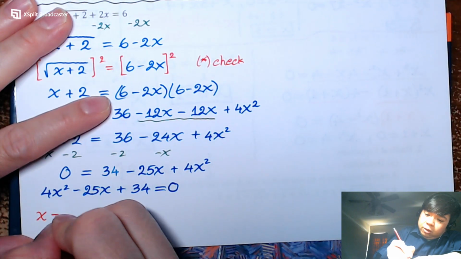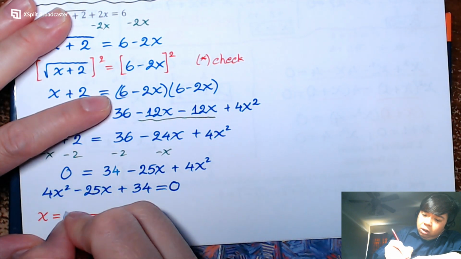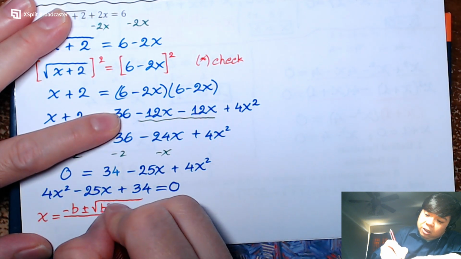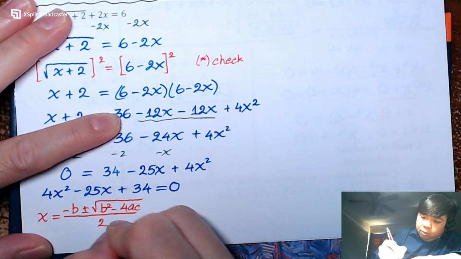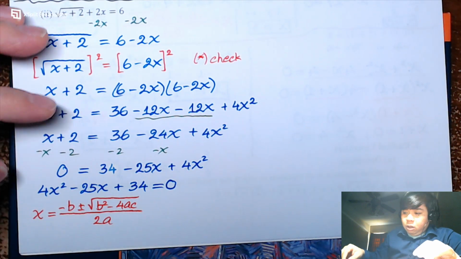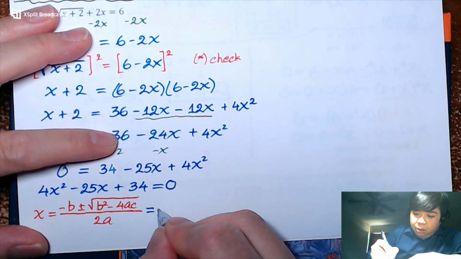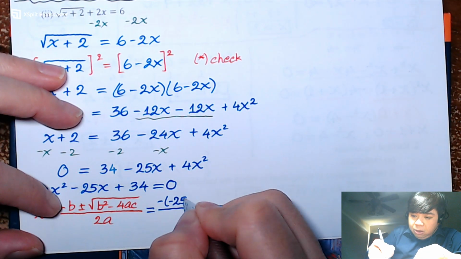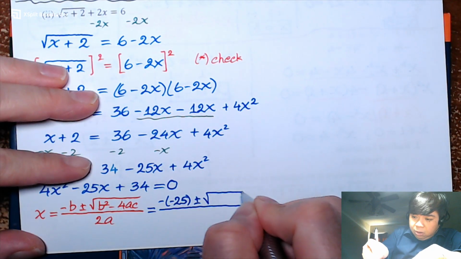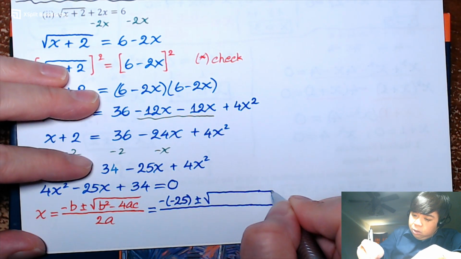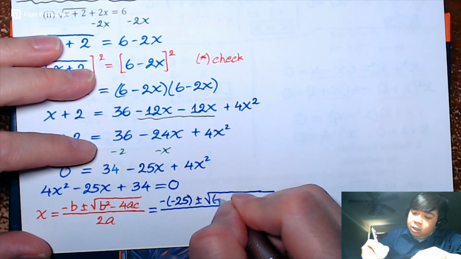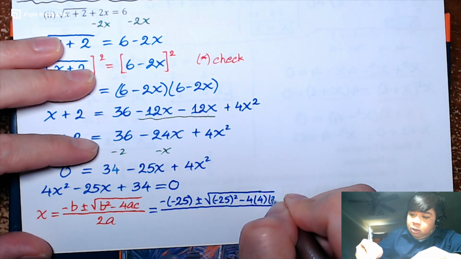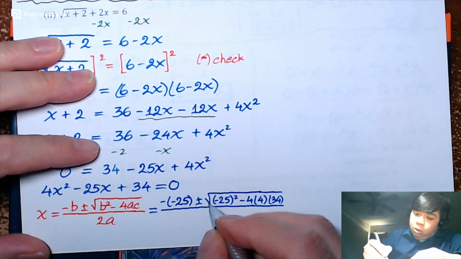And we solve this quadratic equation using the quadratic formula. So negative, negative 25, plus or minus the square root of negative 25 squared minus 4ac, over 2a.